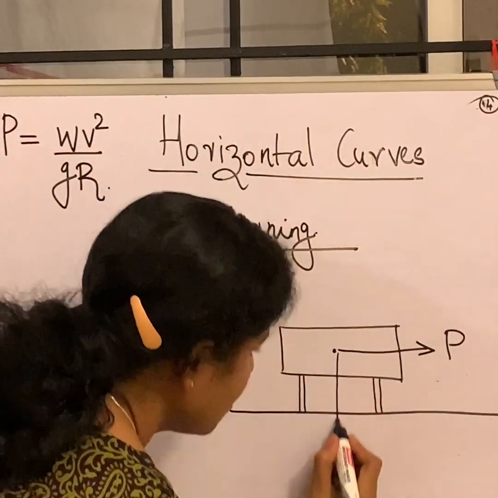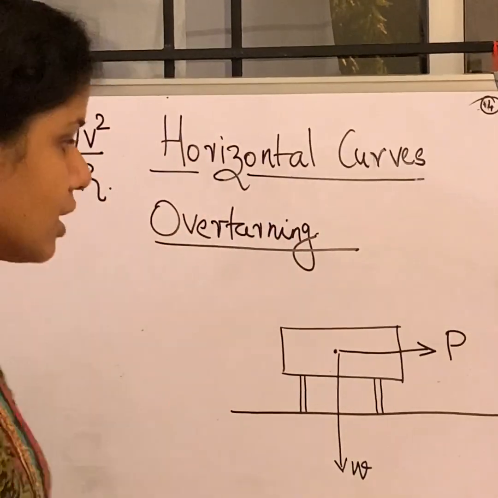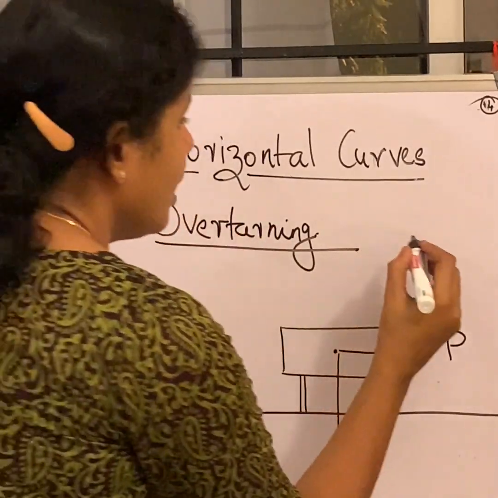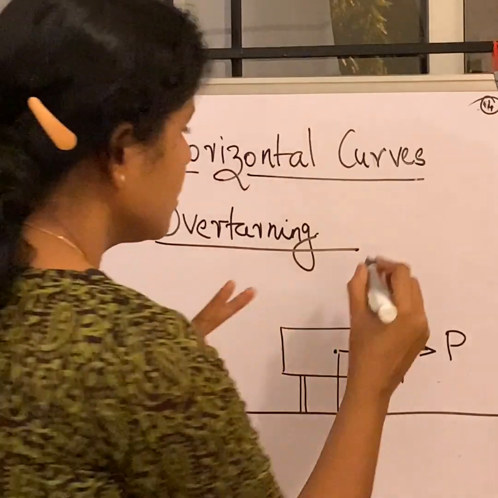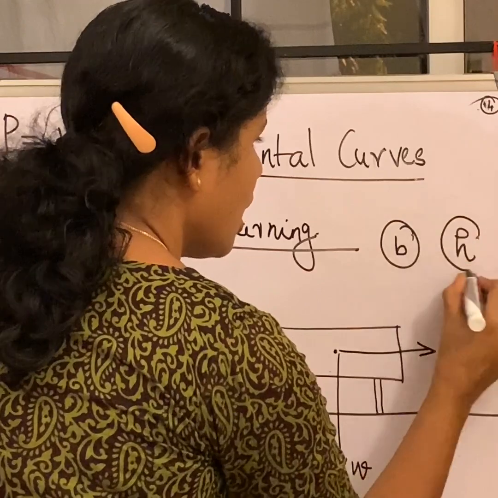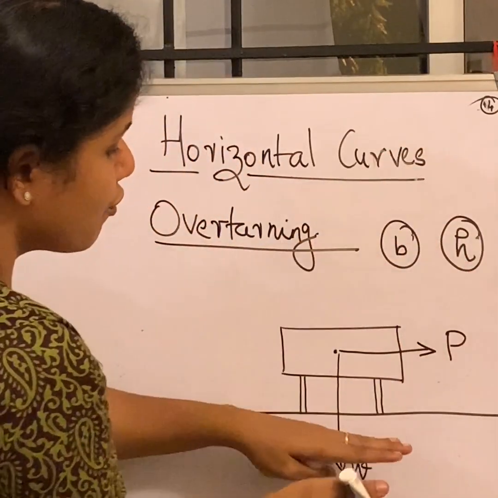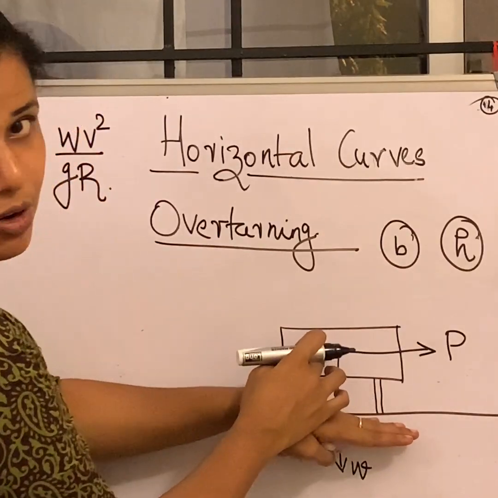Now, there is the weight of the vehicle acting vertically downwards. Let me introduce two terminologies here: B and H. B is the width of the wheelbase. H is the distance from the road surface to the center of the body.